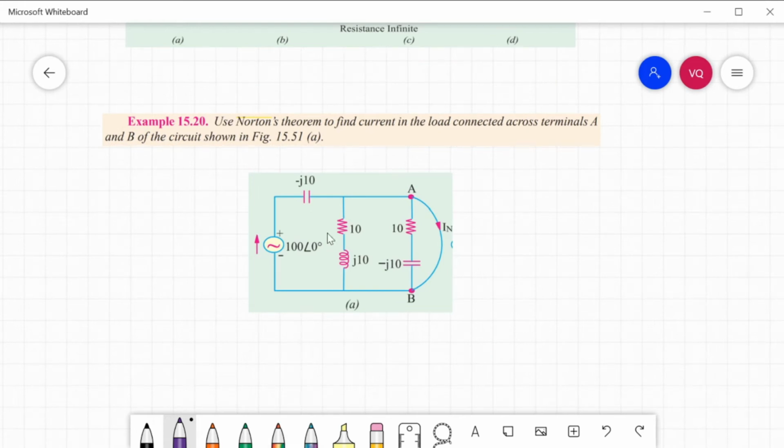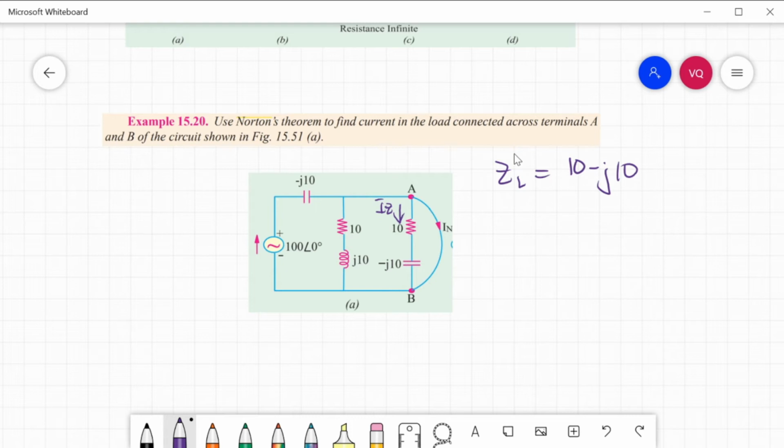Use Norton's theorem to find the current in the load connected across terminals A and B of the circuit shown in this figure. So we will find the current flowing in 10 minus J10. Let's say this will be our IL, and our ZL will be 10 minus J10.